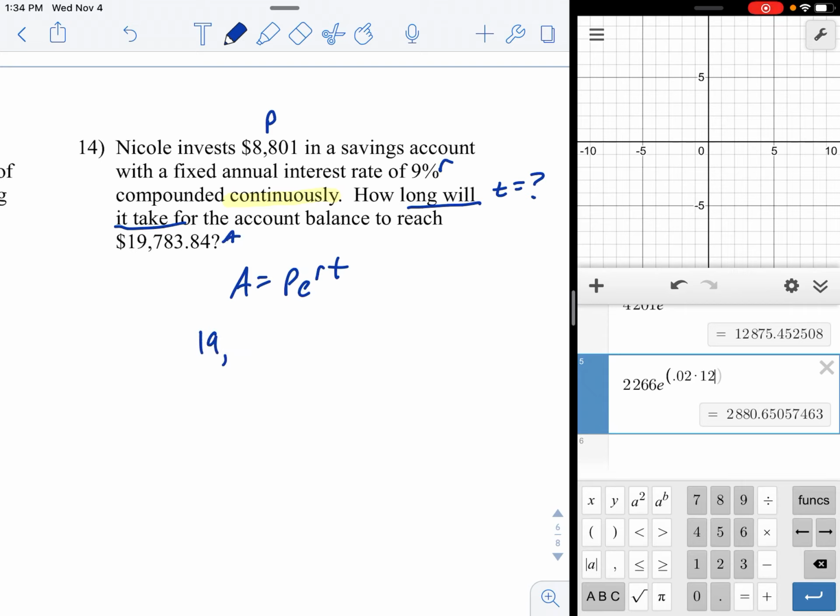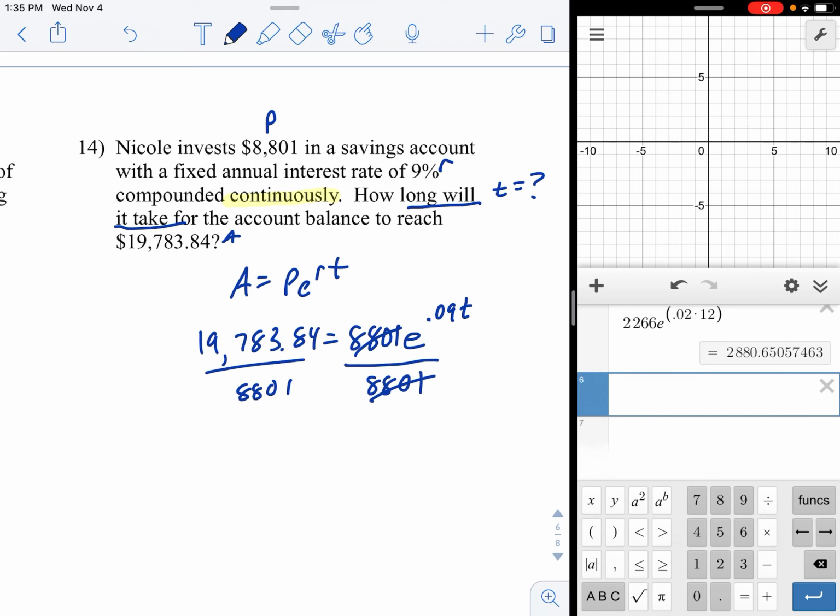So 19,783.84 equals 8801 times e to the 0.09 times t power. Okay, I'm going to write that more neatly. That just looks awful. Let's just go 0.09t like that. So how do we solve this? Well, first I'm going to divide by 8801.